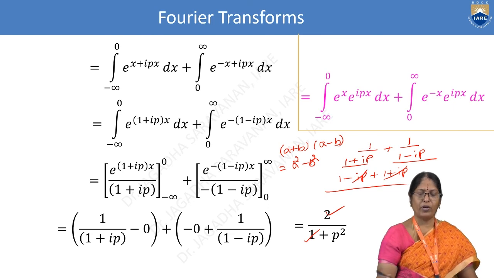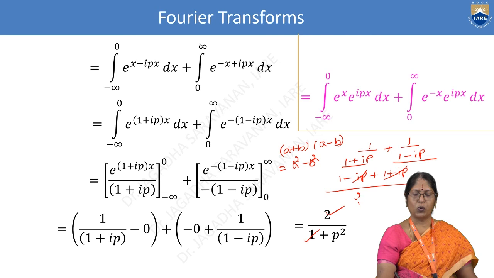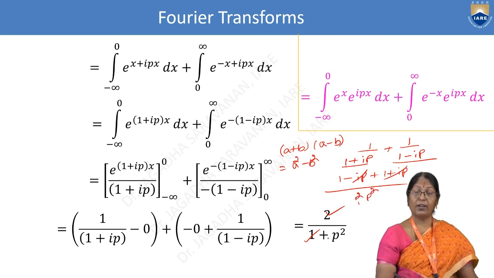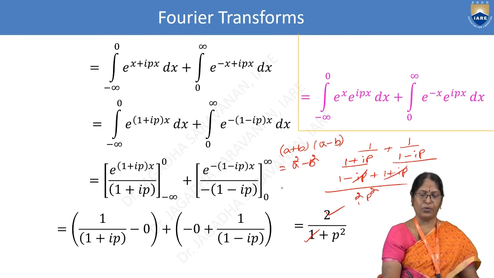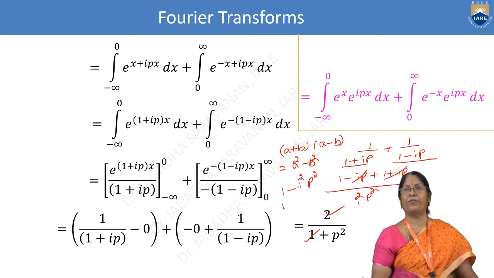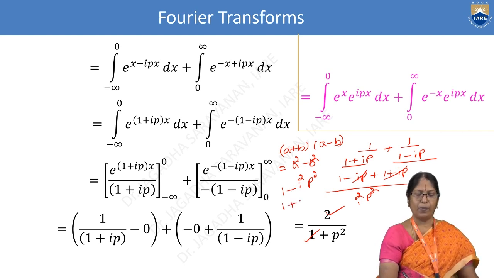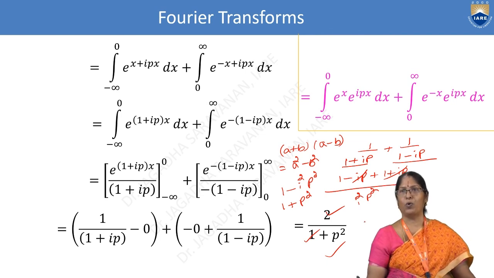What about our b? b is nothing but ip, that means i square p square. So why is it written here plus? That is the next question. We are substituting 1 minus i square p square. 1, but i square value we know is minus 1. Already minus is there, so plus p square. So we completed this problem also.